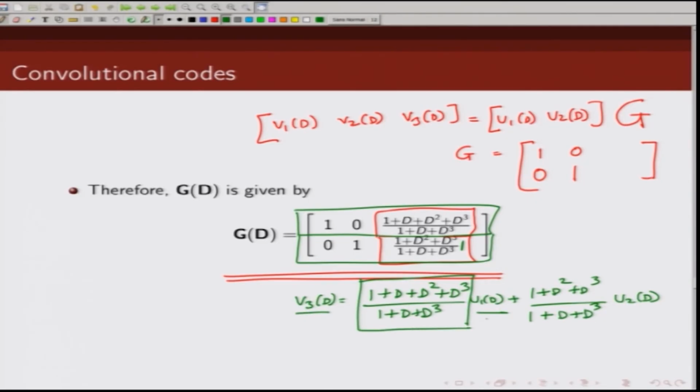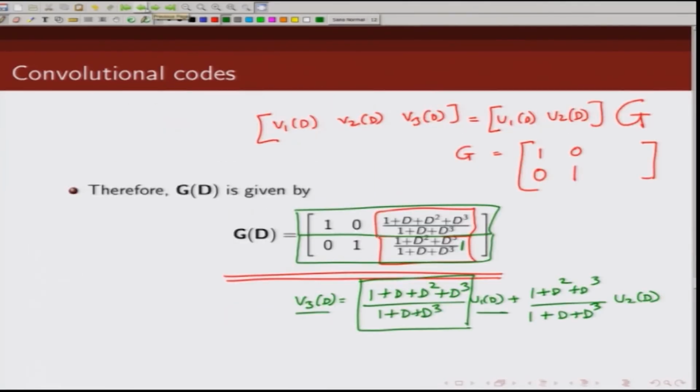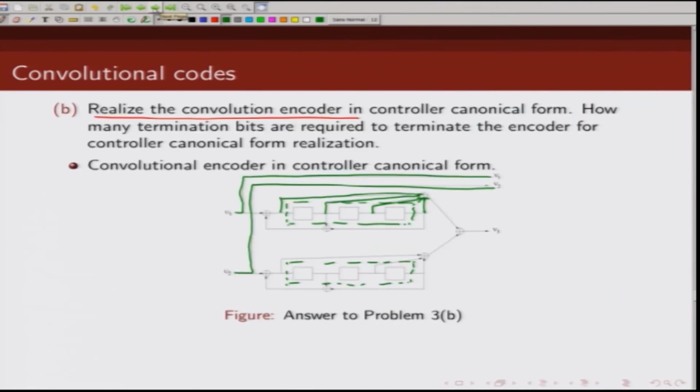So, let us implement this. The numerator has 1 plus d square plus d cube. So, you can see here this is my 1, this is my d, this is my d square, and this is my d cube. And similarly the denominator has 1 plus d cube. So, the denominator, this is the 1 term, this is the d term, and this is the d cube term.